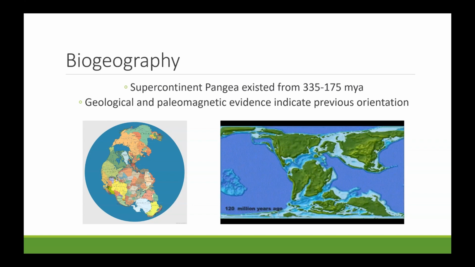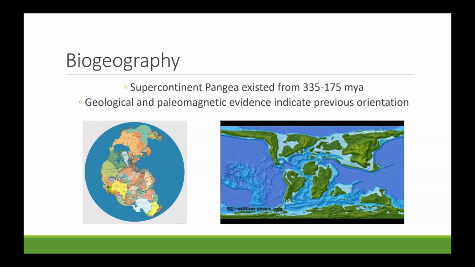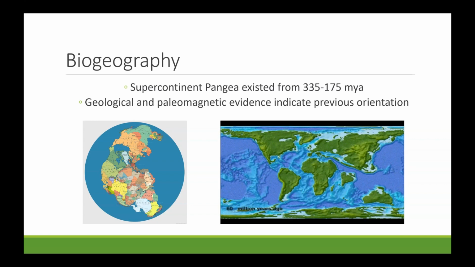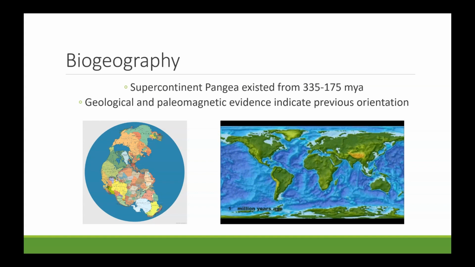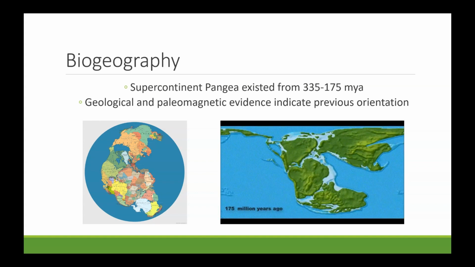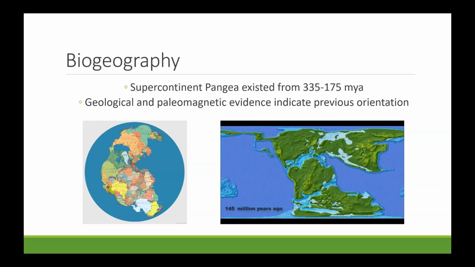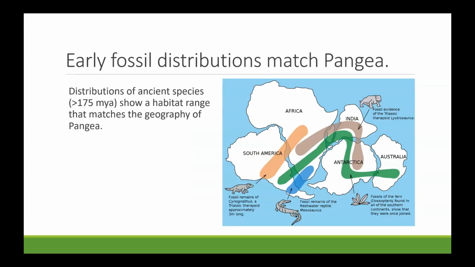Now here's where it gets interesting. Species of organisms that existed in the age of Pangaea can be found on multiple continents because these fossilized remains migrated with the plates when they moved away from each other. In fact, the habitat ranges of different organisms can show us how the continents used to be pieced together.